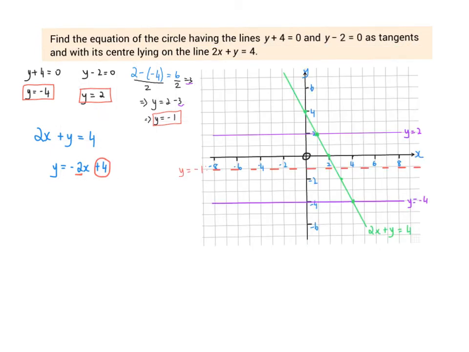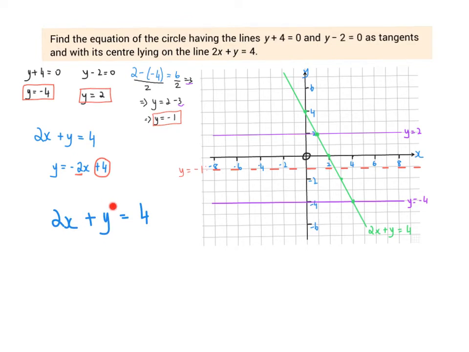Okay, so there is our line drawn in, and we can see it intersects somewhere around here with the line y equal to minus 1. So just for greater accuracy, let's do this algebraically.